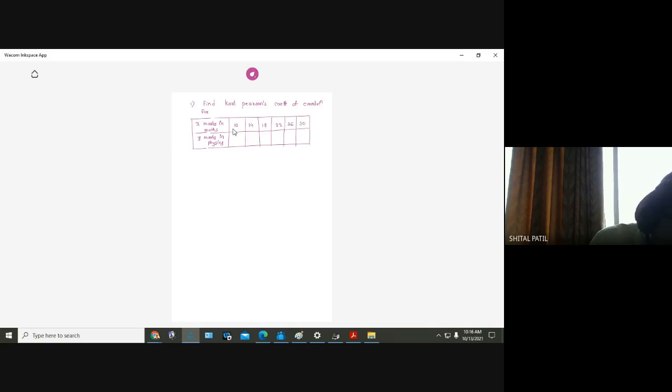Corresponding marks in physics are 18, 12, 24, 6, 30, 36. Right, solution.